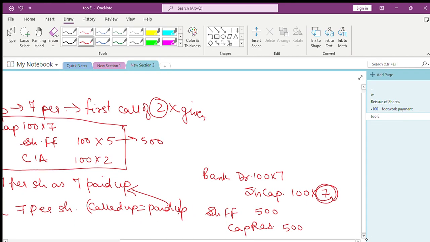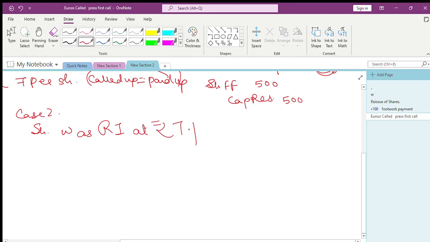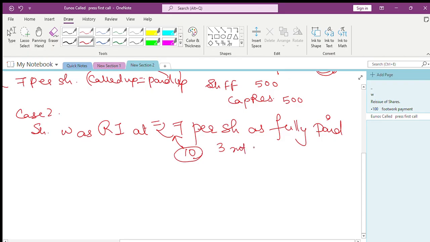In this, case 2, the share was reissued at rupees 7 per share as fully paid up. That means we are considering that at the time of reissue the share is of 10 rupees. Out of 10, 7 received, 3 not received. Let's put it as entry.